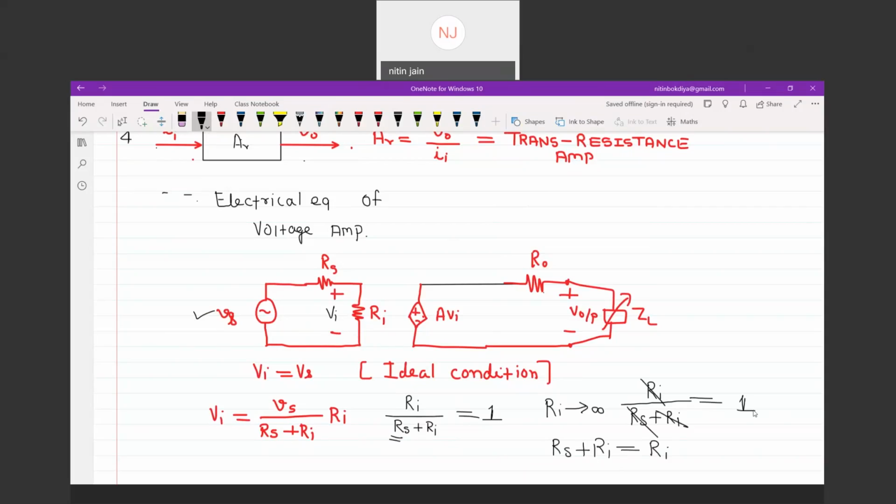So it is 1. This is the ideal condition. For a voltage amplifier, the input resistance Ri must be as high as possible. So this is the idea.